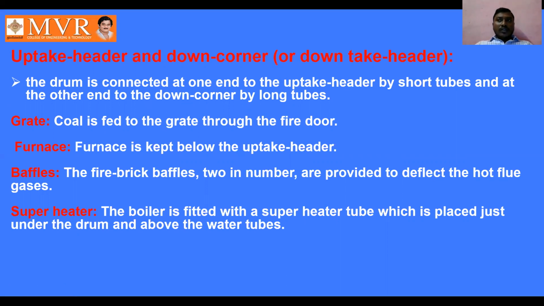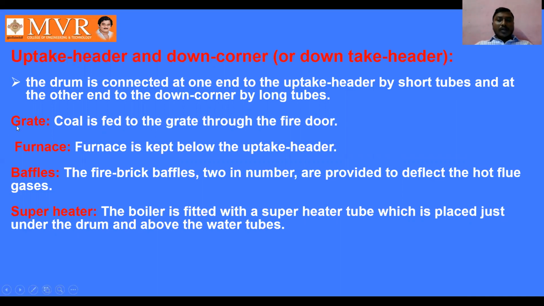The downtake header and uptake header are connected to the boiler drum by pipes. At the uptake header we have a short pipe, and for the downcomer we have long tubes which are connected to the boiler shell.